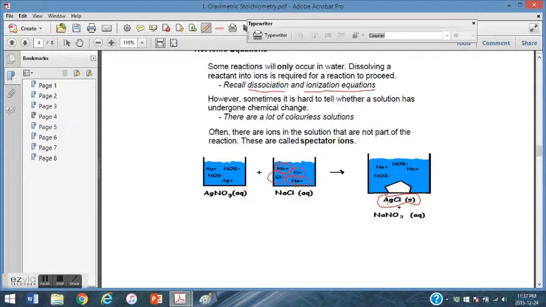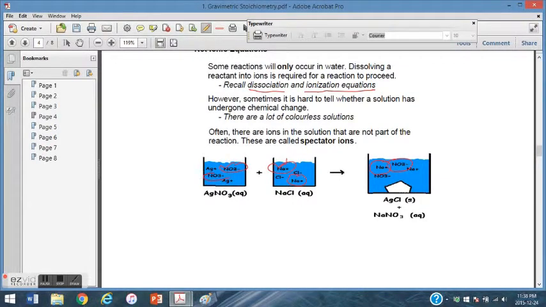This is a very insoluble substance, silver chloride, but we're also left with, now we write it down as sodium nitrate, but if we look at what it is in solution, take a look. Sodium nitrate. Well, what's been floating around here? Oh, there was sodium floating around here. Sodium floating around here.